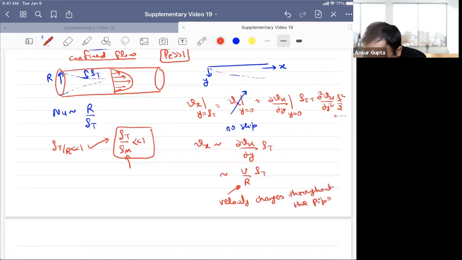So that's why this is U by R times delta T, and that's the scale of Vx.